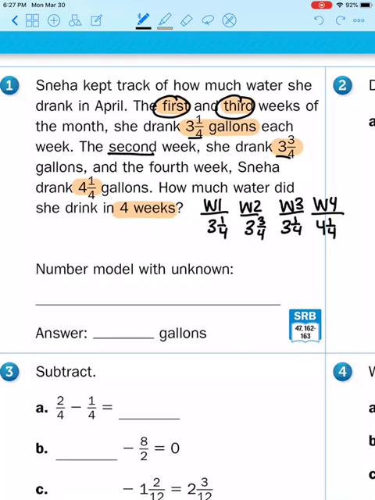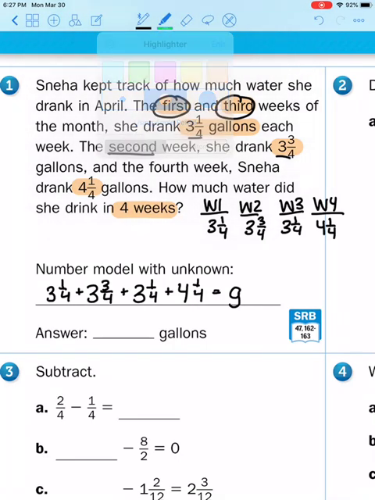Okay, so now we're going to write this as a number model with an unknown. And the unknown is going to be how much water she drank in 4 weeks. So I'm going to put a G for gallons of water. I'm going to add all of the whole numbers first.